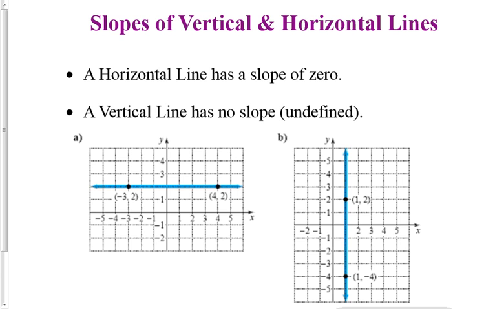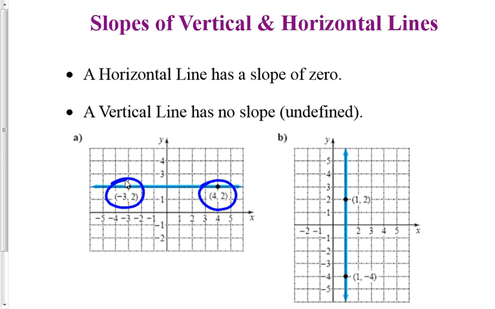Now we cannot forget about slopes of vertical and horizontal lines. A horizontal line has a slope of 0. You can see our horizontal line on the left. A vertical line has no slope or an undefined slope. Now to understand this better, let's use our slope formula again. Over here we have 2 points, (-3, 2) and (4, 2).